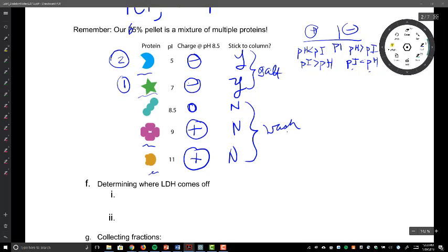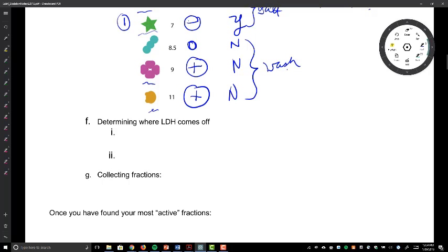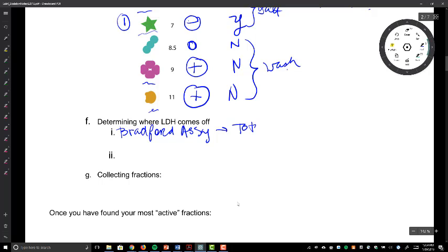All right, so here and there, I referenced how you would determine where LDH is coming off, but now we're going to talk about it in full. There are actually two different methods that you're going to be using simultaneously as you're collecting fractions to determine where LDH is coming off. The first is the Bradford assay, which we'll talk about a little bit more in a minute. The Bradford assay tells us the total protein in our sample.